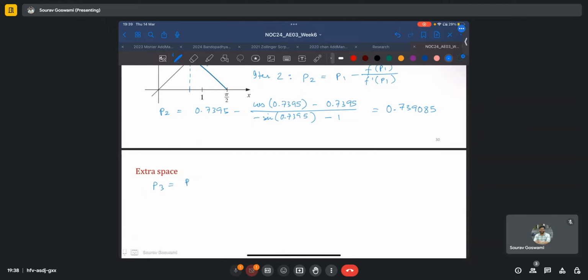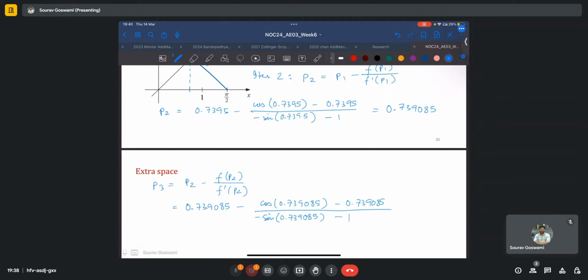P3 will be P2 minus f of P2 by f prime at P2, which should equal 0.739085 minus (cos 0.739085 minus 0.739085) by (minus sine of 0.739085 minus 1). I just use a calculator for this.